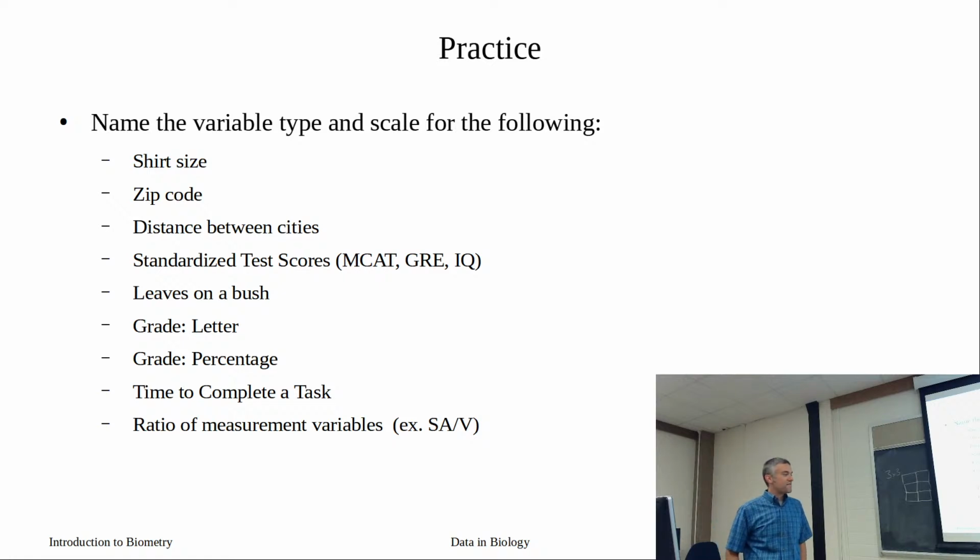All right, ratio of measurement variables. The example I have here is surface area to volume ratios. Qualitative or quantitative? Quantitative. Continuous or discrete? Continuous. Ratio or interval? You don't have a negative surface area. Now, can we have a 0 in these? Trick question.